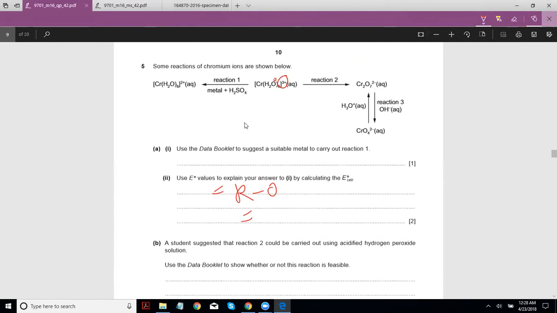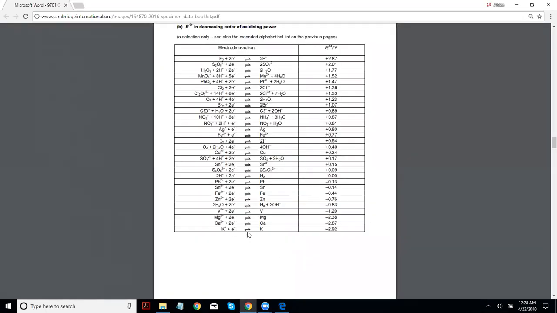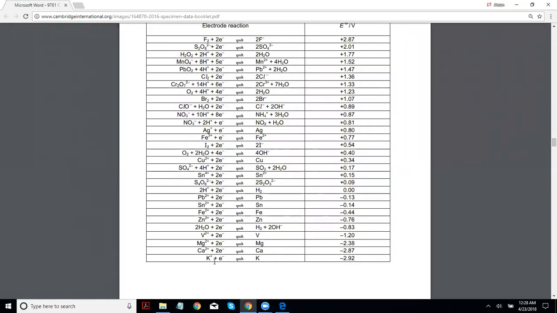Yeah, and if you look at the data booklet, depending on whatever metal you chose, chromium is minus 0.41. So whichever metal you chose, you'd use that value. And potassium, ये तो reduce हो रही है, so you just take minus 2.9.